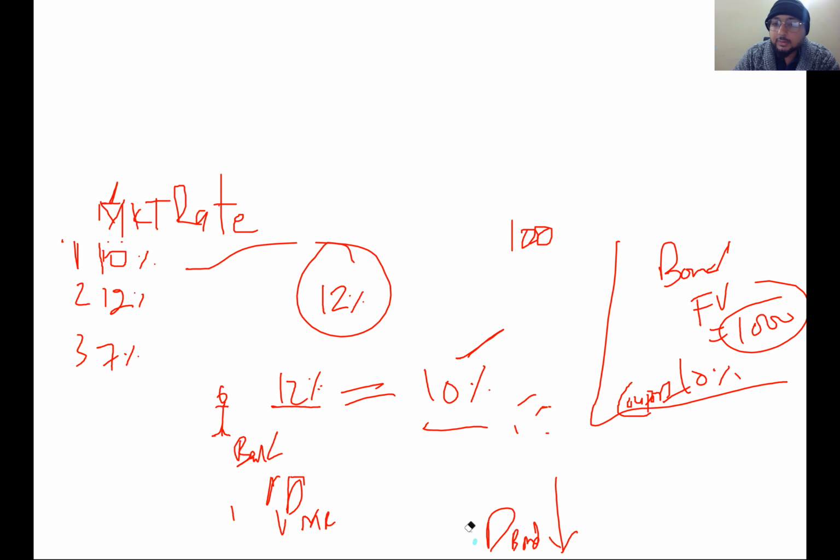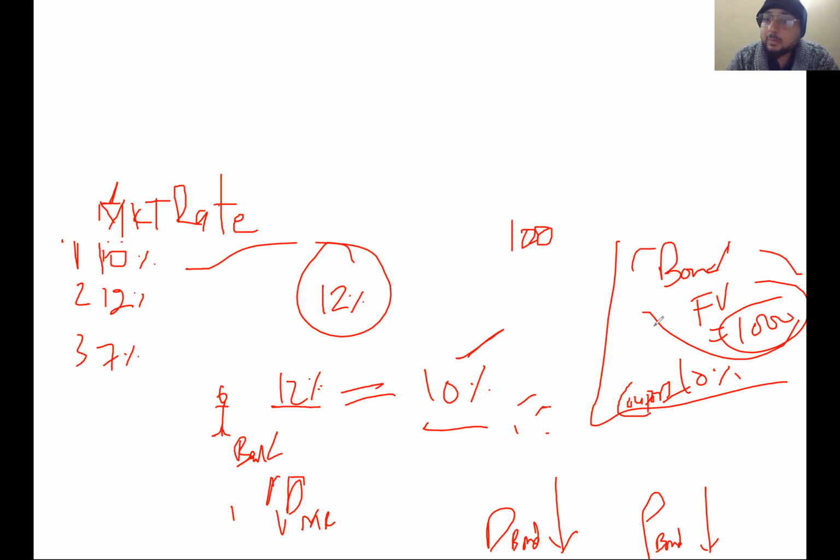What is the law of demand? What is the equilibrium point over there? Demand decreases means there is a surplus. In case of surplus, when demand is less than supply, prices go down.